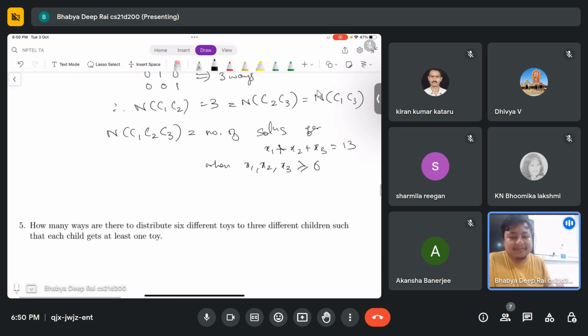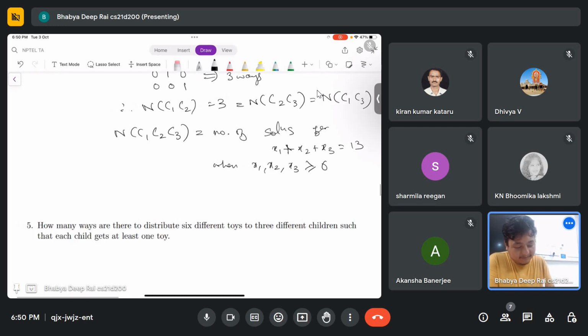But this is not possible, right? It is not possible to find a solution, because if all of them are at least 6, then their sum will be at least 6 plus 6 plus 6, which is 18.